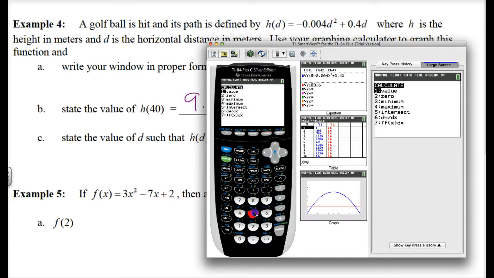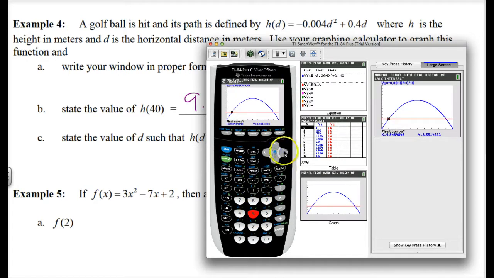Now, we didn't say when it first reaches that value. Here, I'll show you what will happen if we trace along the curve. We have to go all the way around the curve to get back down.